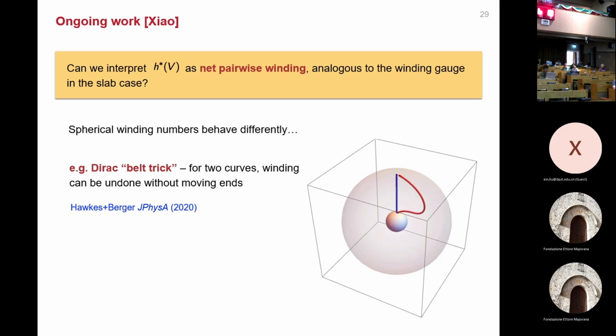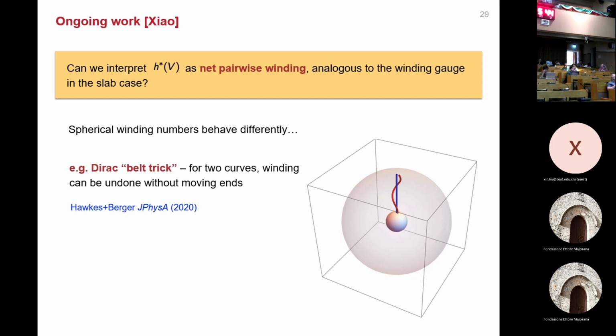Okay, so one more slide before we get to the conclusion. This is a slide about ongoing work. Chris and I have a PhD student, Daning Zhao, who is interested in helicity, and we gave him the task of answering the outstanding question I haven't yet mentioned: can we make a physical interpretation of this H star in terms of winding?